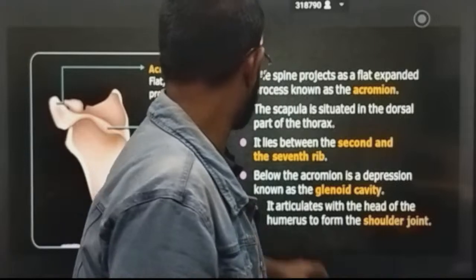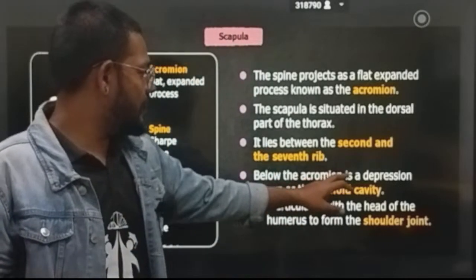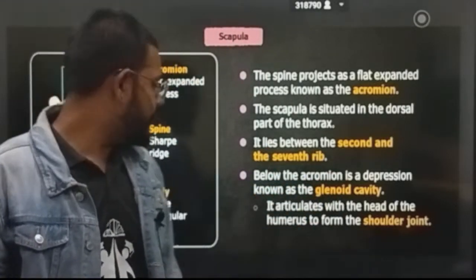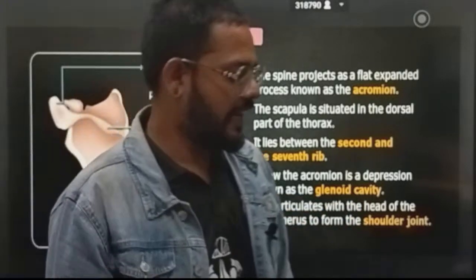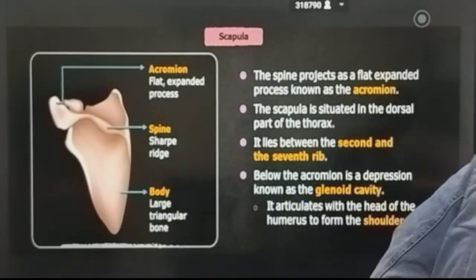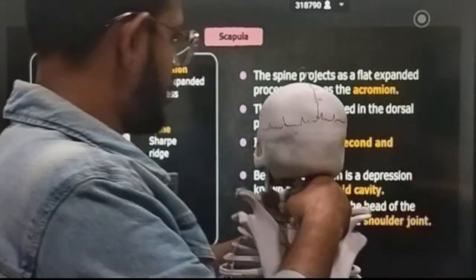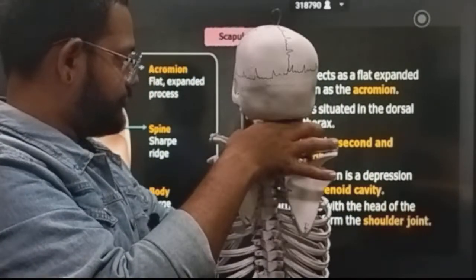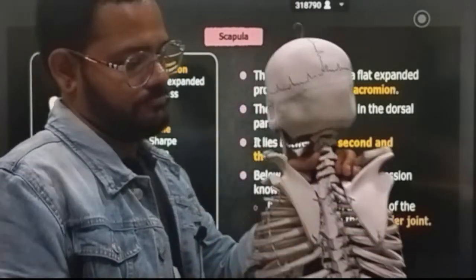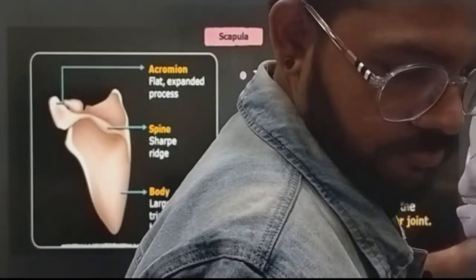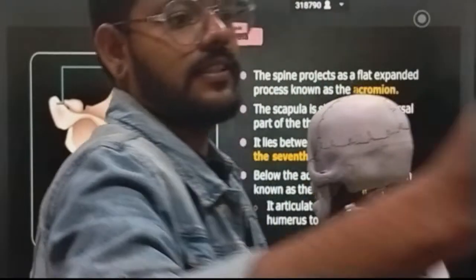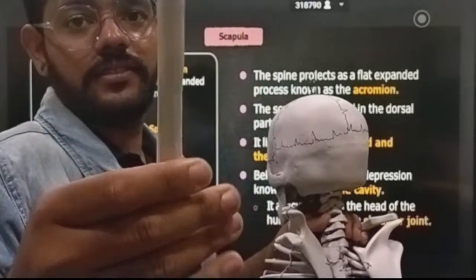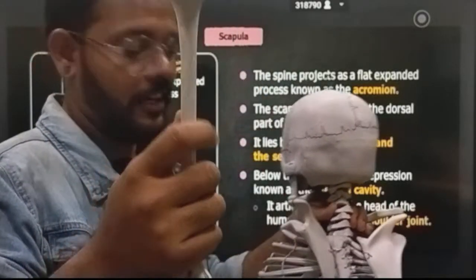Next, below the acromion there is a depression known as the glenoid cavity. It articulates with the head of the humerus to form the shoulder joint. This is your humerus, the large bone of the hand.